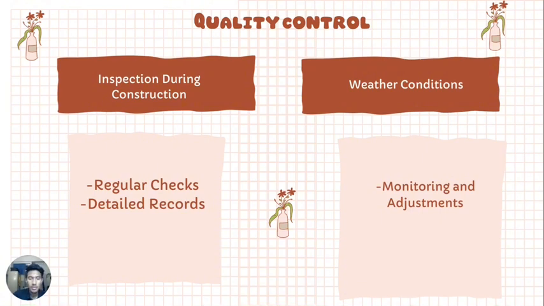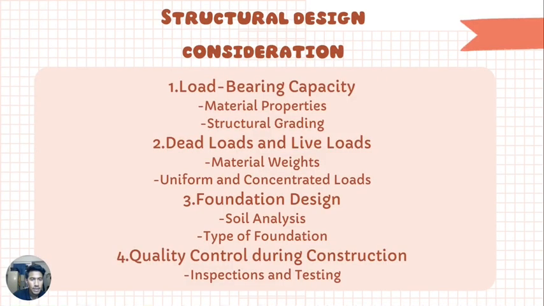Alright, so let's move to the next one. Structural design consideration. We have four: load bearing capacity, dead load and live load, foundation design, and also quality control during construction. So for load bearing capacity, we have two elements there: material property.